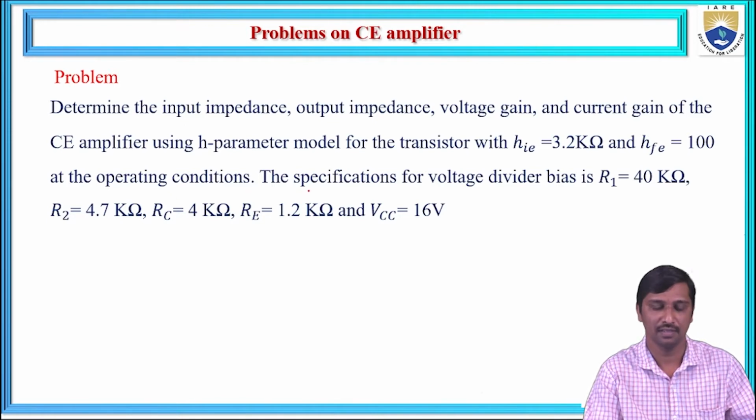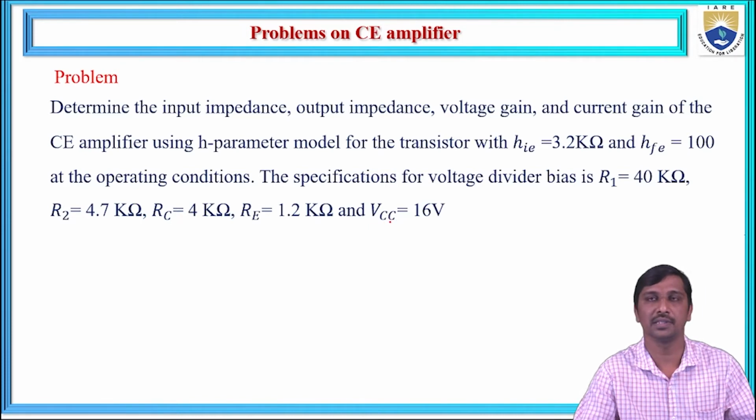Apart from that, the circuit contains some parameters for the voltage divider bias: R1 is 40 kilo ohms, R2 is 4.7 kilo ohms, RC is 4 kilo ohms, RE is 1.2 kilo ohms, and VCC is 16 volts.